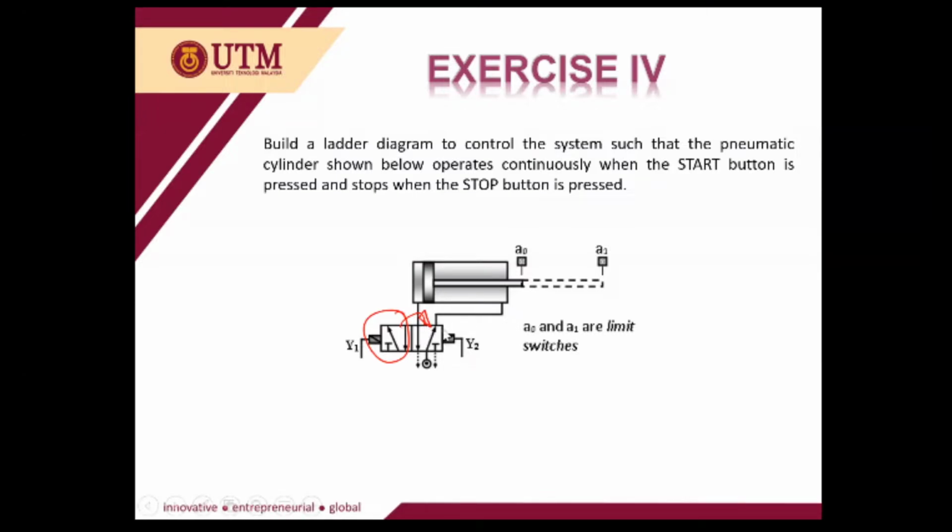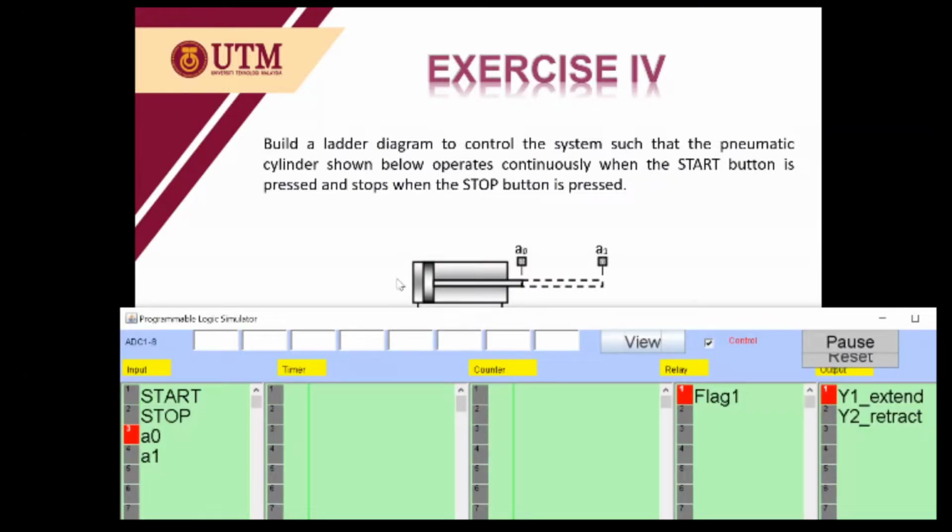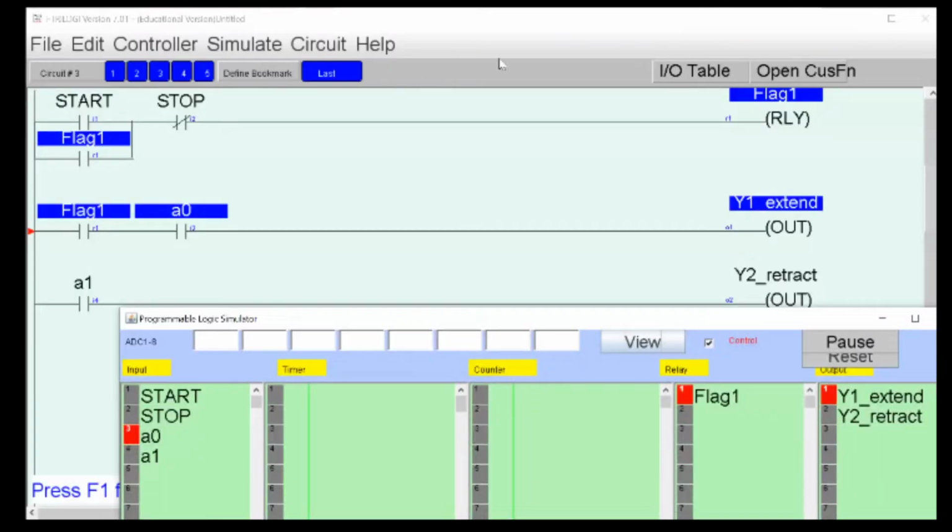When your cylinder starts going out, it will leave A0. So A0 will be off.